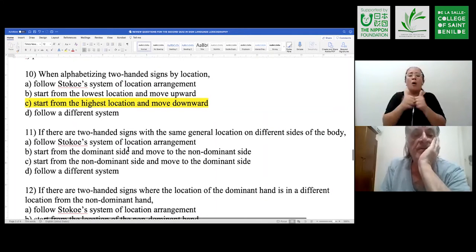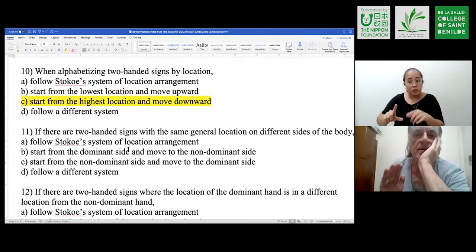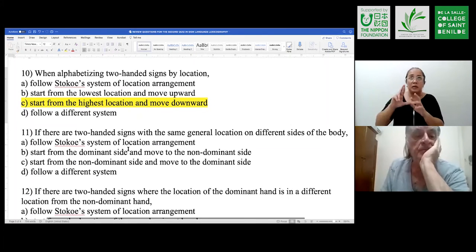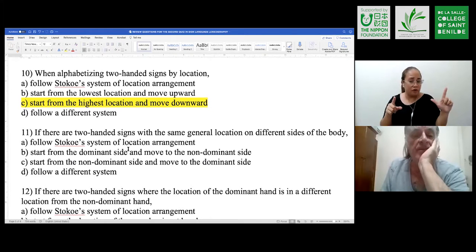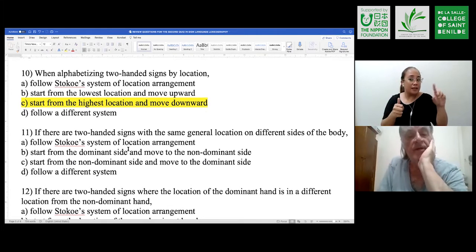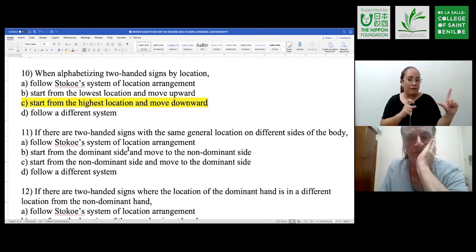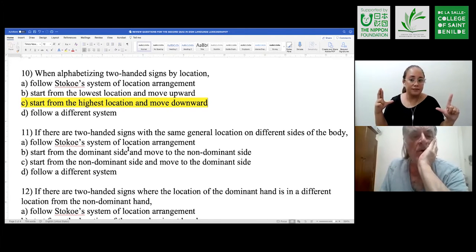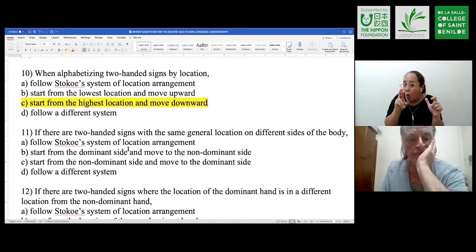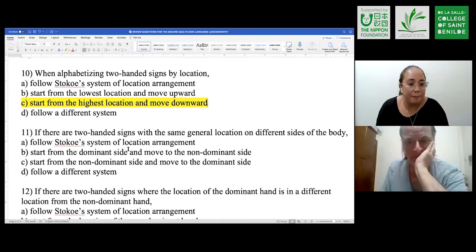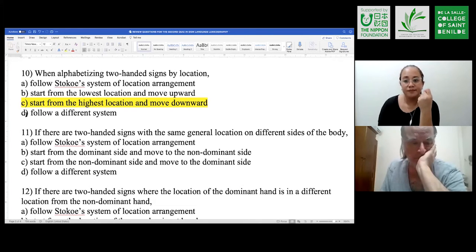Do you start from the dominant side and move to the non-dominant, so start from right and move to left, or start from the non-dominant side and move to the dominant side, that means start at the left and go to the right, or follow a different system? Jasmine, Shaq, Marvin, Peeves, Meng, Yami sign B. Yes, that's correct.